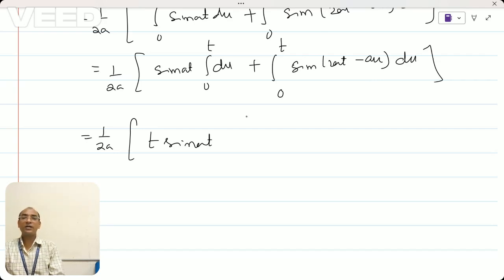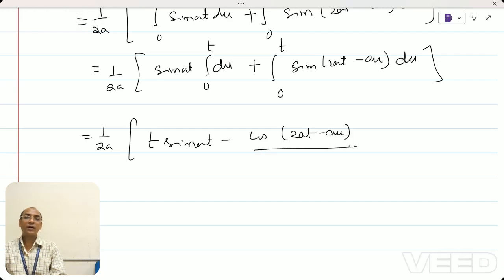So you will get minus of cos(2at minus au) divided by minus a, and the limit is 0 to t.